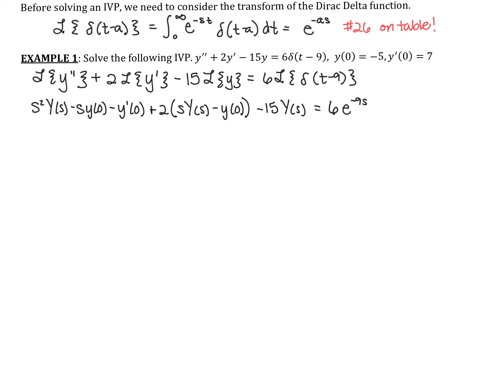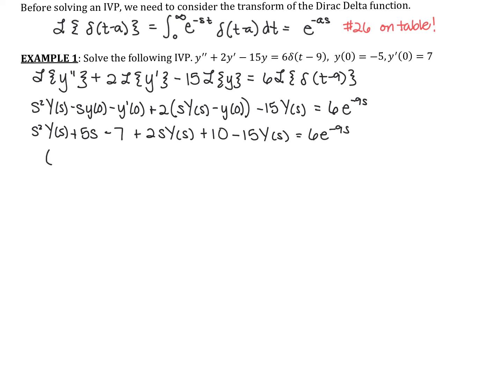Okay, so just like before, I'm going to substitute in my initial values, and then I'm going to group my like terms. So let's take that in 2 steps. And again, if you see it quicker, that's fine. This will be plus 5s, 5 and s again, minus 7, plus 2s times the Laplace transform of y, minus negative 5 times 2 would be plus 10, minus 15 times the Laplace transform of y equals 6e to the negative 9s.